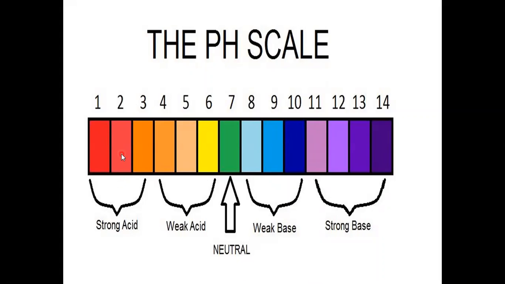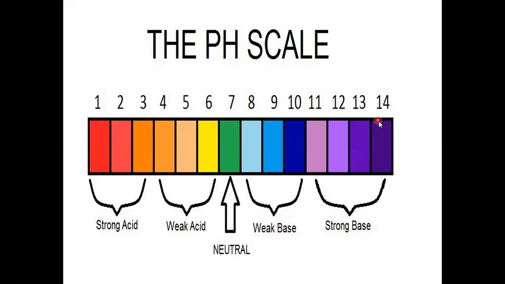You should write these points in the notes. Low pH means a high hydrogen ion concentration, and high hydrogen ions means a low pH. Low pH means at 1 or 2. So this is the low pH, means strong acidic.